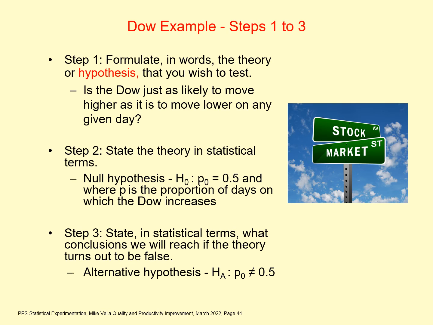So our null hypothesis is H0, that P0 equals 0.5, just as likely to go higher as it is to go lower, where P is the proportion of days on which the Dow increases. Step 3 is to state in statistical terms what conclusion we will reach if the theory turns out to be false. And that's the alternative hypothesis, HA, which is that P0 does not equal 0.5.